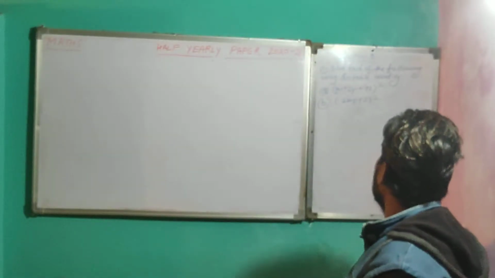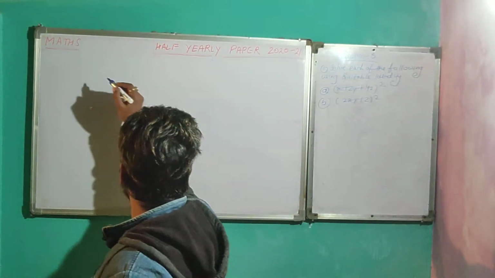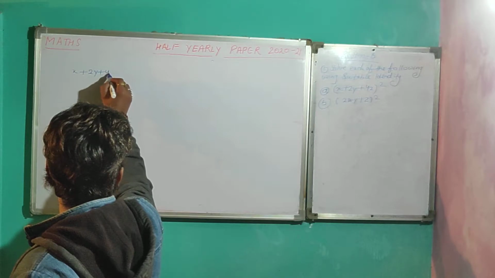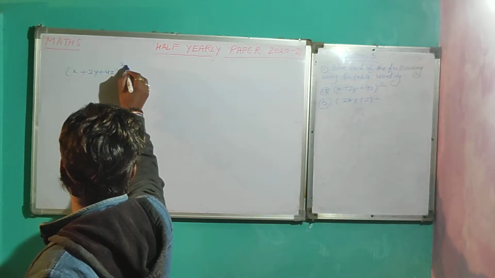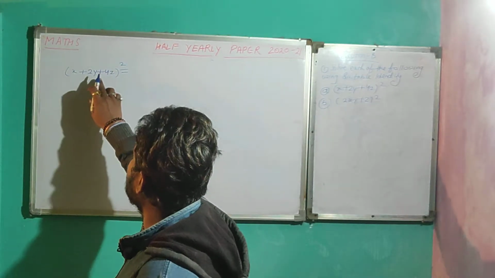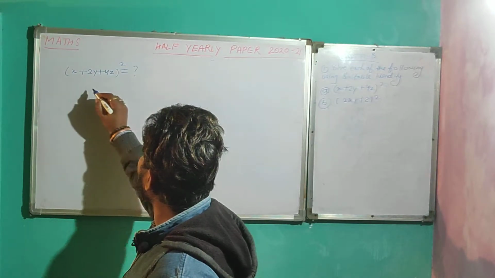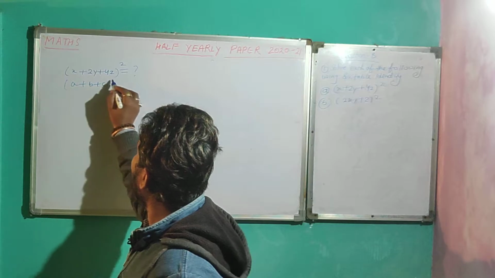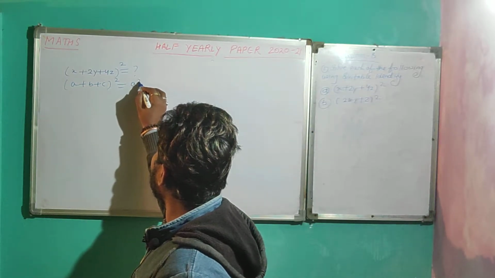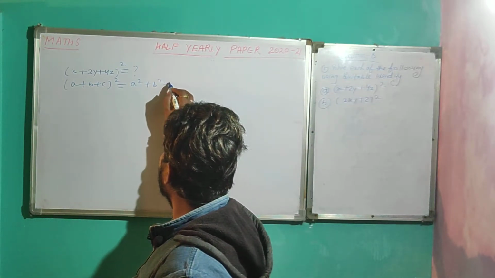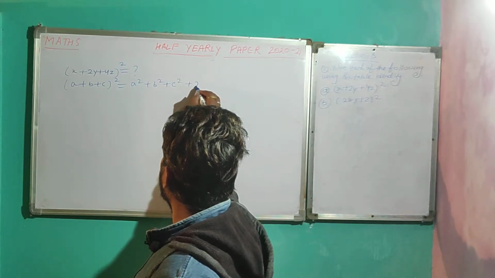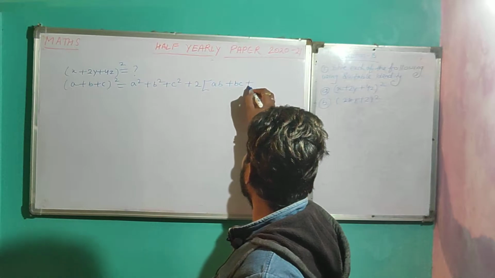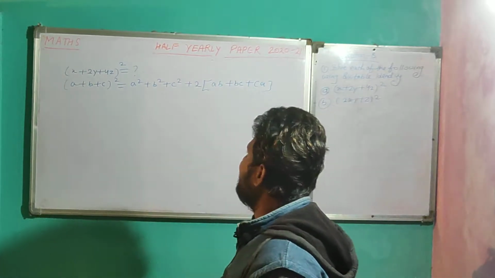So solving the first one, (x plus 2y plus 4z) whole square. We know (a plus b plus c) whole square is equal to a square plus b square plus c square plus 2 bracket ab plus bc plus ca.